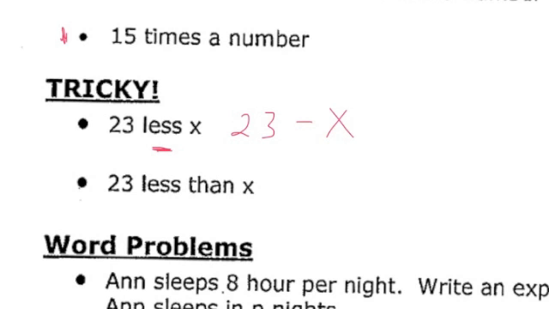It's saying that 23 is less than x, so we need to put x in front and then put 23. So x is bigger, so x needs to be in front. So x is 23 bigger than your other number. We're just going to keep practicing these. Don't worry if you don't quite grasp it yet.